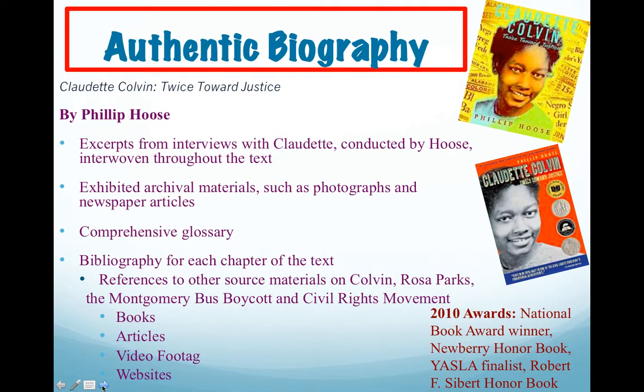And this explains that story, which you would think would be very complicated, but it is very accessible for, I would say, 5th graders, 4th graders even. Excerpts from the interviews with Claudette are used in it, exhibited archival materials, tons of photos, a comprehensive glossary, a bibliography for each chapter of the text, references to other source materials, articles, and everything.